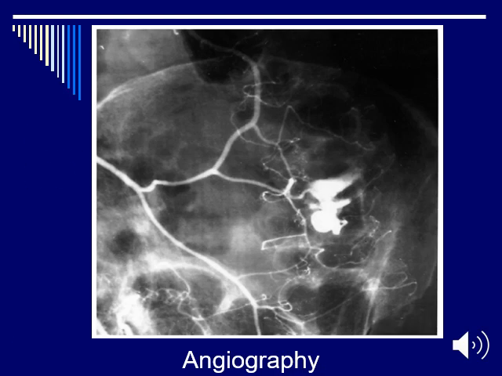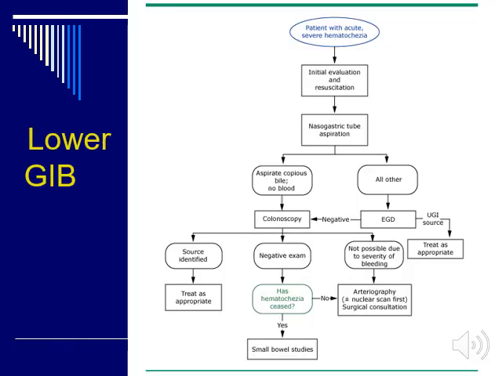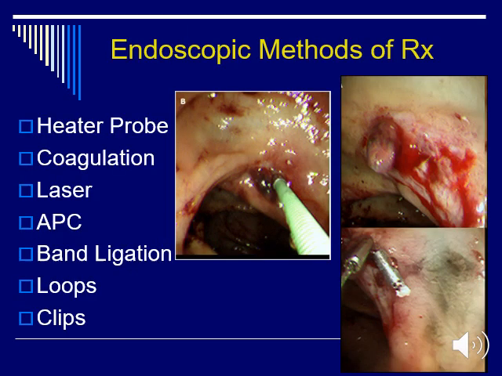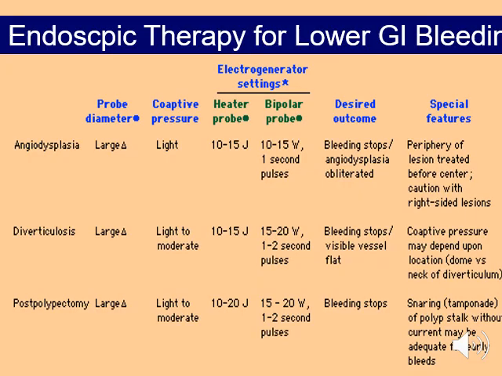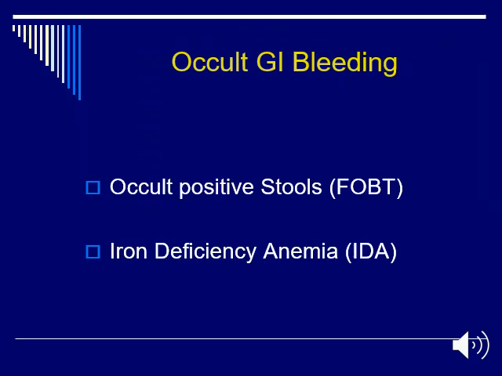What to do? Put in an NG tube after resuscitation and see if you find the cause, then you will treat it as we have seen in the ulcer: probe, coagulation, laser, APC, band ligation, loops, and whatsoever. After that, you will be left with occult bleeding.